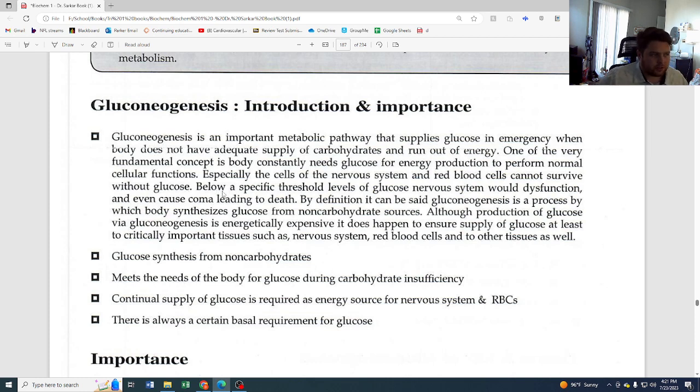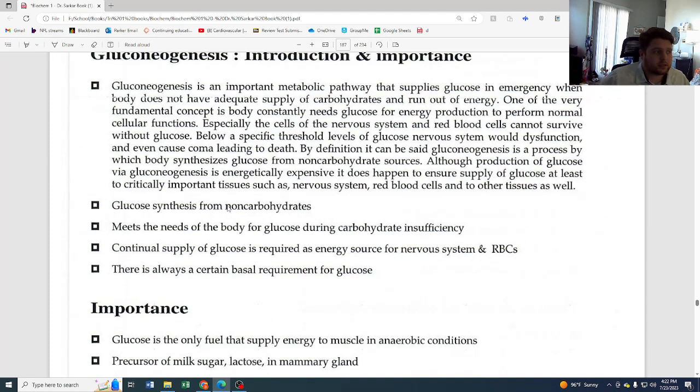So below a specific threshold level of glucose, the nervous system would dysfunction, and that could even cause coma and lead to death. By definition, it can be said that gluconeogenesis is a process by which the body synthesizes glucose from non-carbohydrate sources. That's what I was just saying at the beginning of that definition.